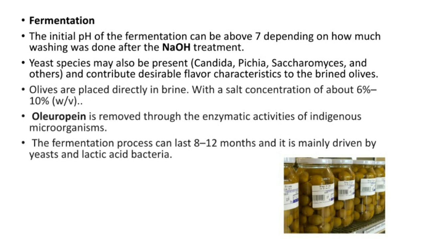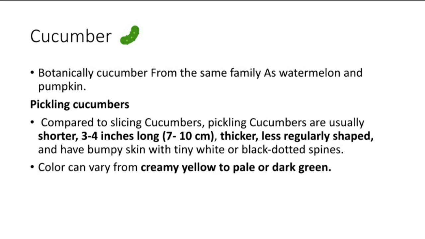The second vegetable is cucumber. Botanically, cucumber is from the same family as watermelon and pumpkin. Pickling cucumbers. Compared to slicing cucumbers, pickling cucumbers are usually shorter, 3 to 4 inches long, thicker, less regularly shaped, and have bumpy skin and tiny white or black dot spines.